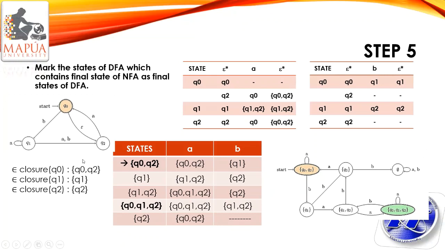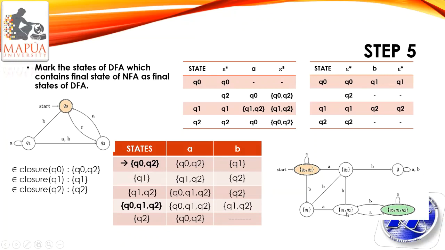So let's start with Q0, Q2. If it's A, it will loop within itself. If it's B, it will go to Q1. At Q1, if it's A, it will go to Q1, Q2, and if it's B, it will go to Q2.